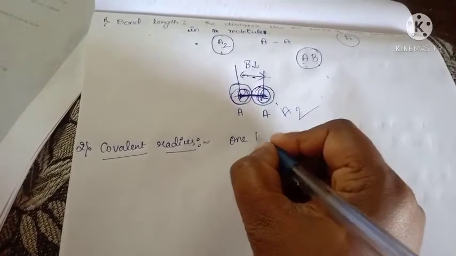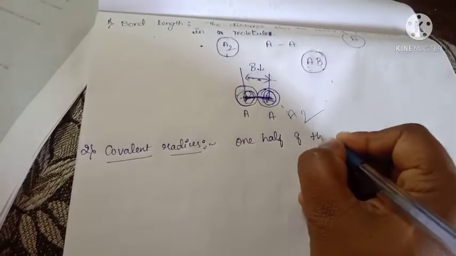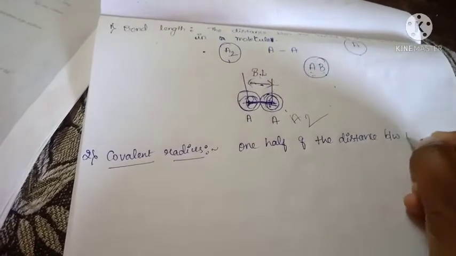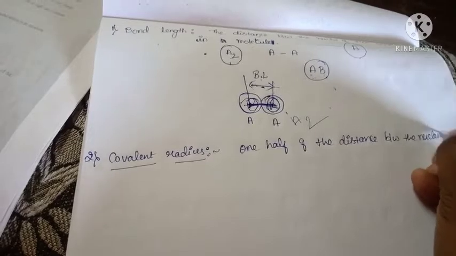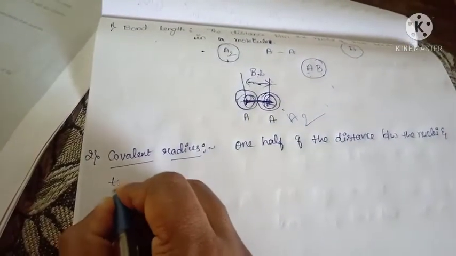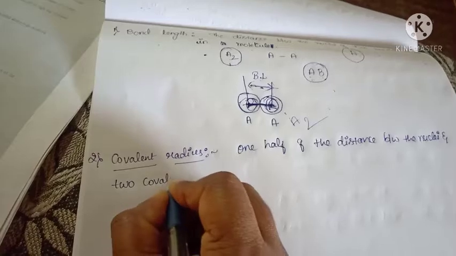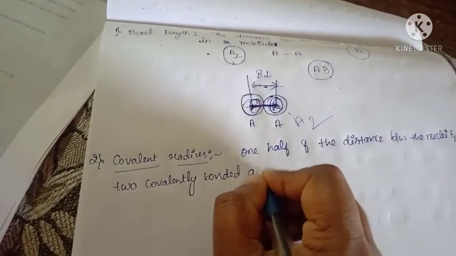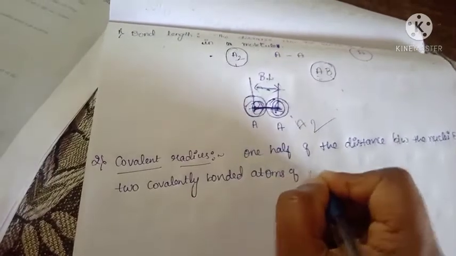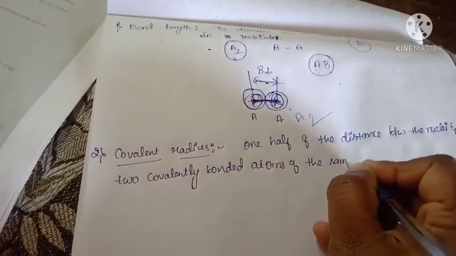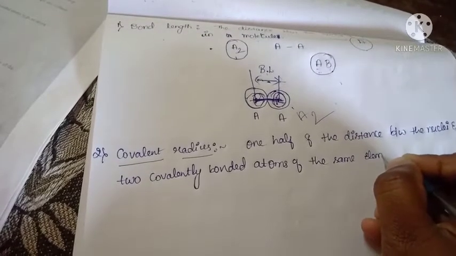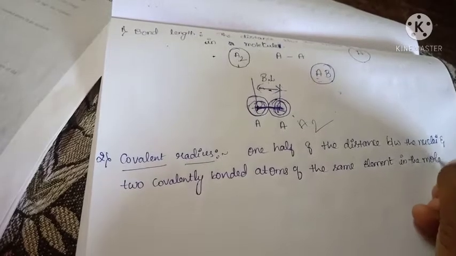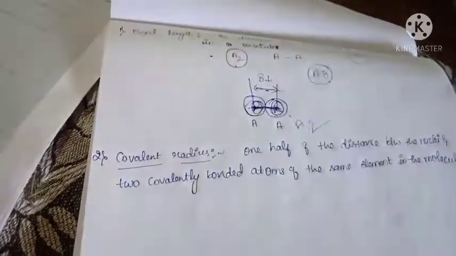It is one half of the distance between the nuclei of two covalently bonded atoms of the same element in the molecule. This is the definition of covalent radius.